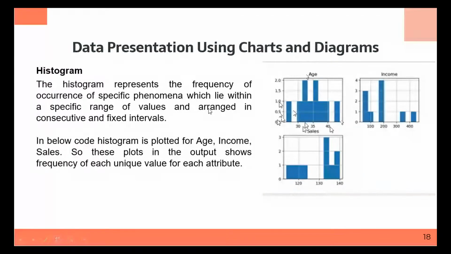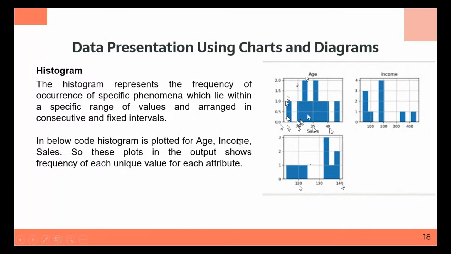Here again we are showing the range of that number and how many times that number is repeated. This number is repeated 1, 2, 3, 4 times. So 4 times these boxes will be filled. That's how the sales will also happen in this way.